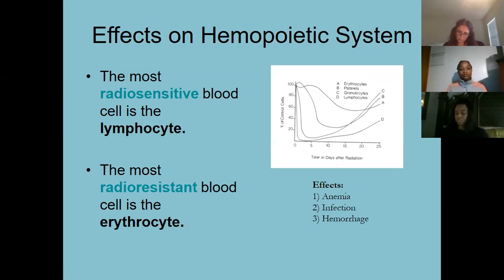Red blood cells carry oxygen. If you don't have enough oxygen, you're going to be anemic. The white blood cells fight infection. So if the lymphocytes and the granulocytes are all killed, then you're going to be susceptible to infectious agents. And of course, if you don't have enough platelets, you're going to be susceptible to hemorrhage.